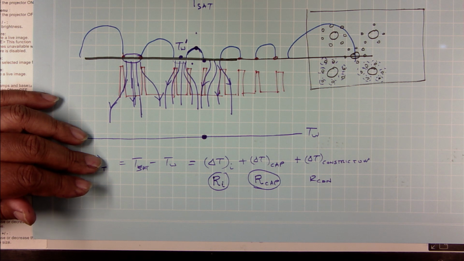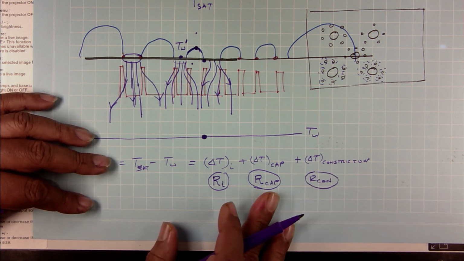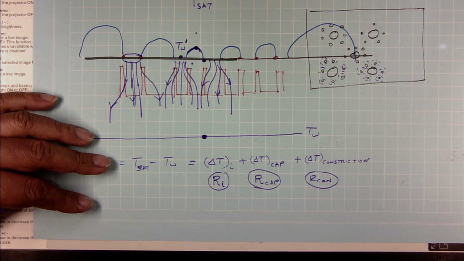The temperature drop is going to be nonlinear, and because the temperature drop is nonlinear, your del T del y or your del T del x, that gradient is going to be actually higher. And so because of that, your constriction resistance is much higher than your normal thermal resistance. Does that make sense? Okay.